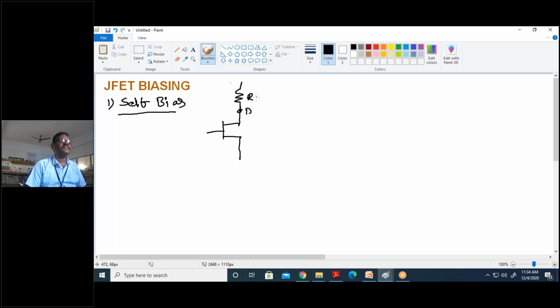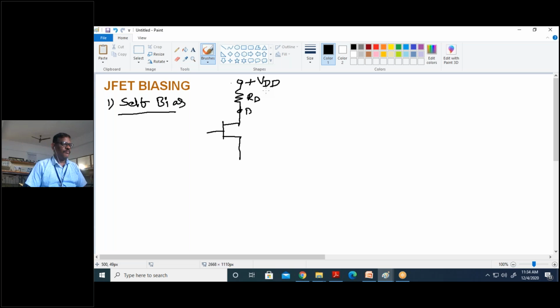This resistance is called RD. Here applied voltage plus VDD, VDD means voltage applied at drain terminal, so positive potential.